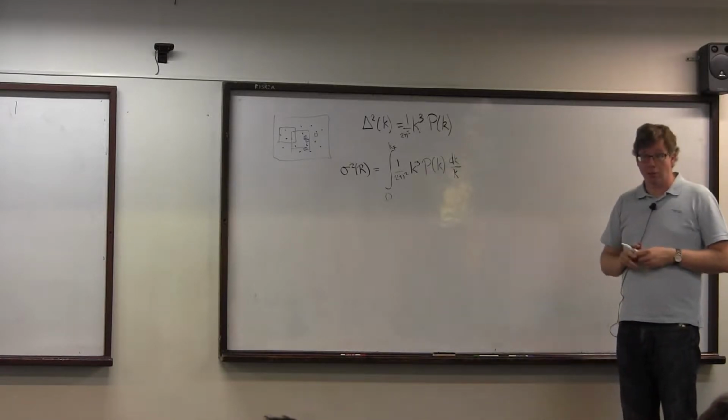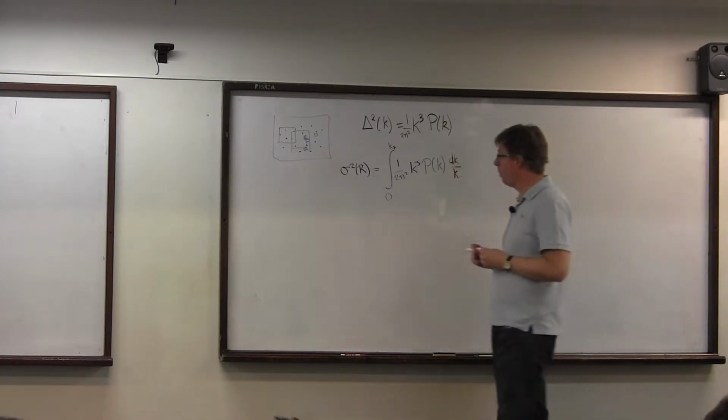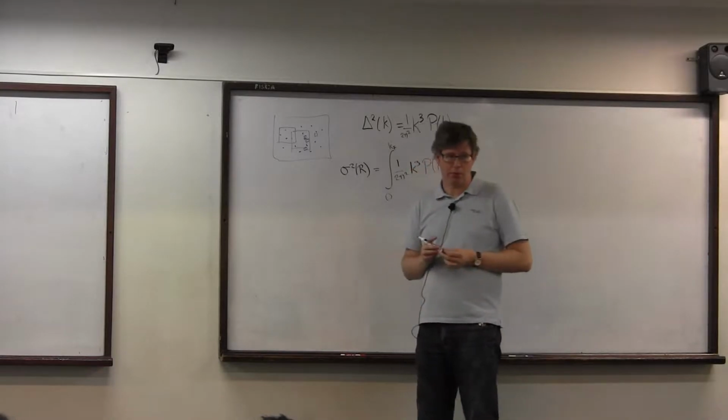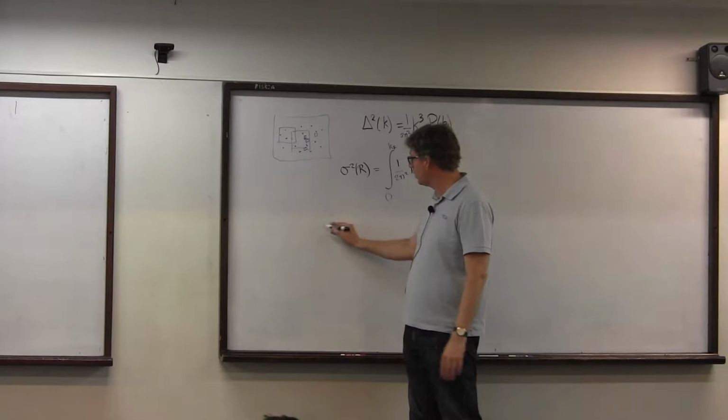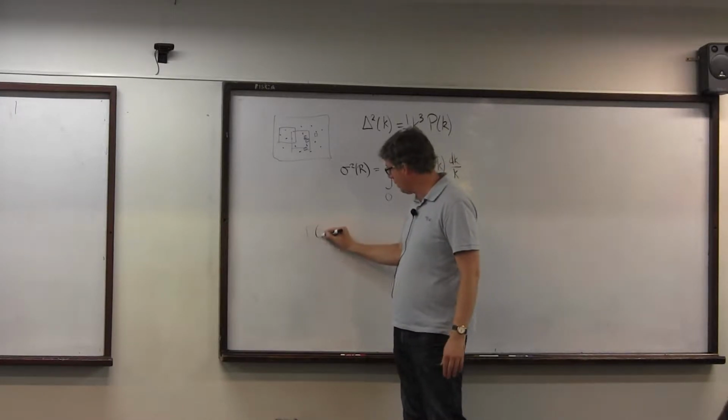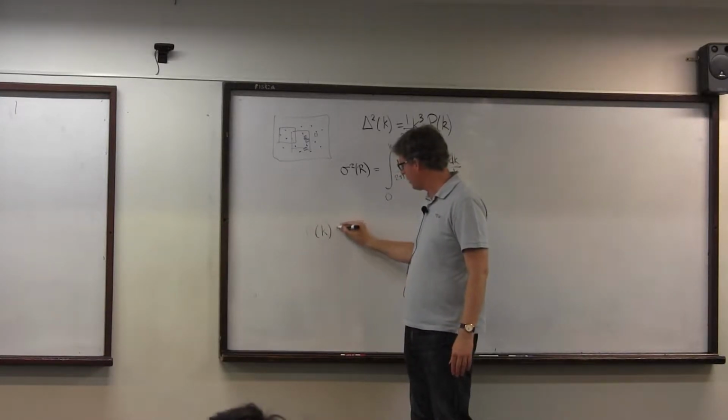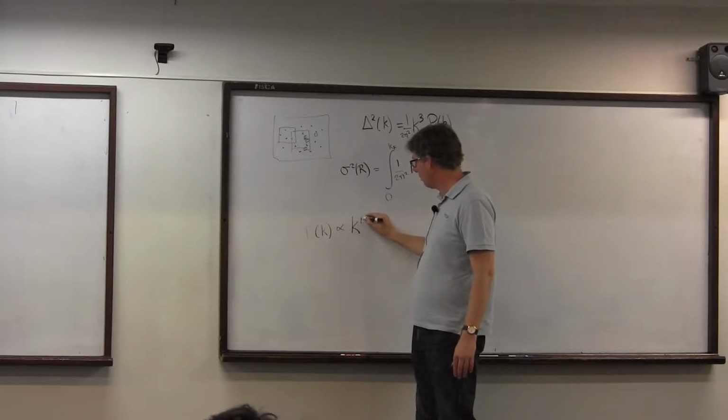Now we can put in a power law power spectrum. Before the break we saw that's often the case. It might change depending on k, but for some region of k space, the power spectrum can be written as k to some power n.